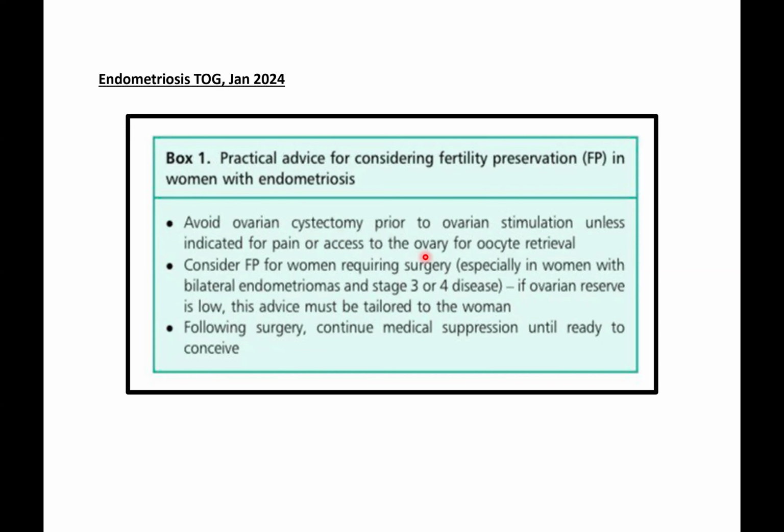So we have to discuss checking the ovarian tissue reserve. It will be there in the exam. Ovarian tissue reserve will be given there, and you have to talk about egg preservation.